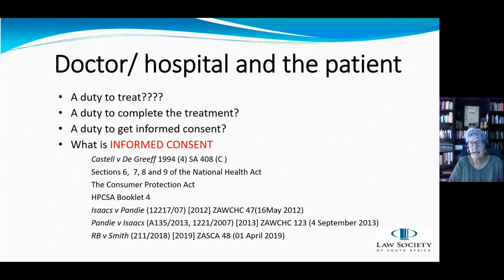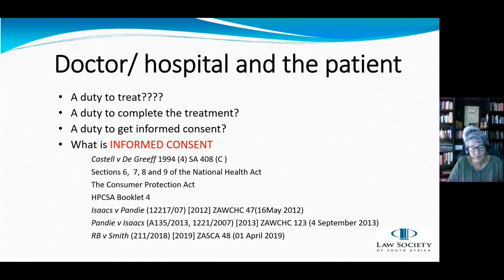When there's an accident and the people are severely injured, it's a question of life or death, then the ambulance should go to the nearest hospital, whether that be public or private. If it is a private hospital and it is established that the injured person does not have a medical aid, the hospital has a duty to stabilize the patient to such an extent that he or she can be moved to a public hospital.